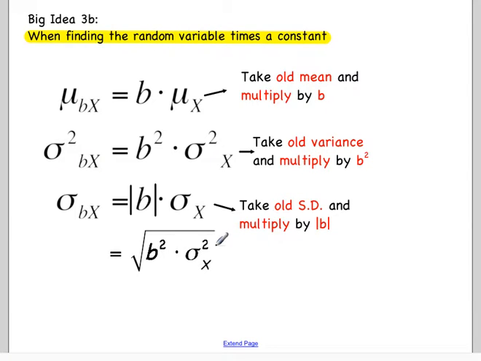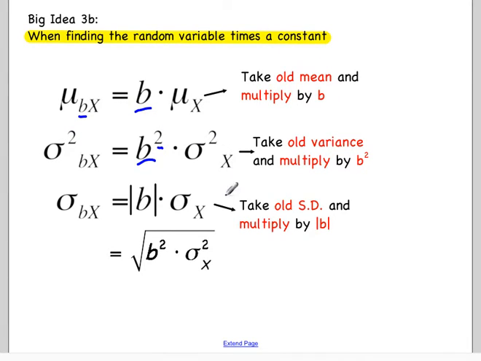The next idea was when we were multiplying by some constant. So for the mean, just literally multiply by that constant. Take the old mean and multiply by the constant. For the variance, you take the old variance, but now you're multiplying by the constant squared. For me, I just remember, look at all the squares. You got a squared here, a squared there, a squared there.